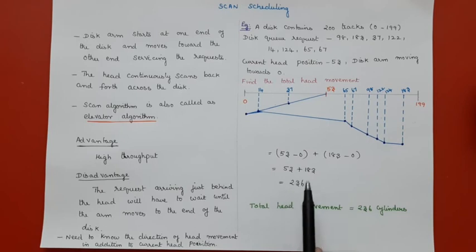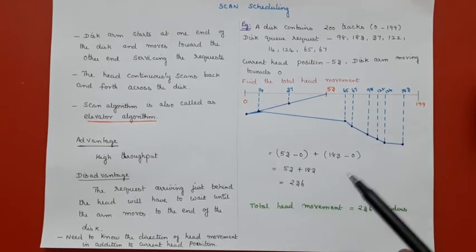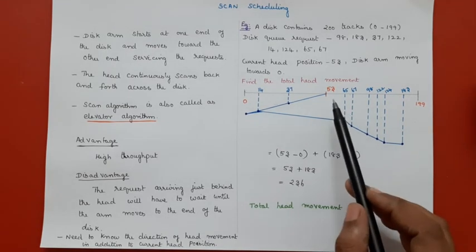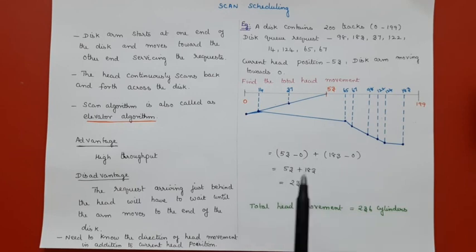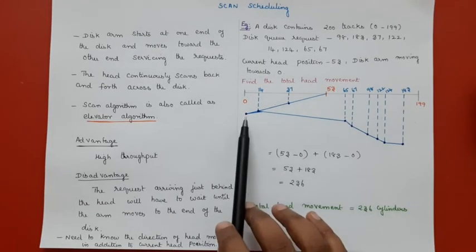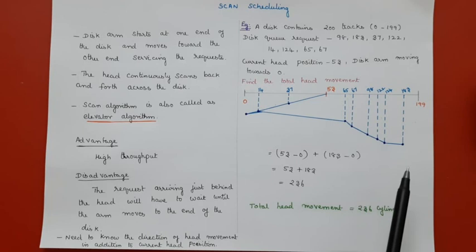That is 53 plus 183, which is 236. Once again, from 53 to 0 is 53 minus 0, plus from 0 to 183 is 183 minus 0. So the total head movement here is 236 cylinders.